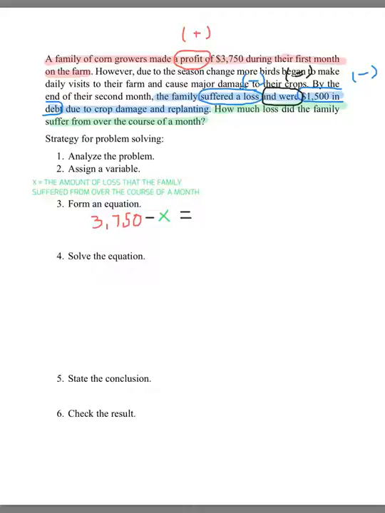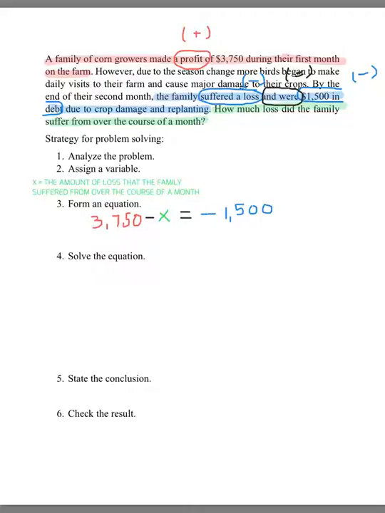And $1,500 in debt. Now, I have noted that it's an indicator of subtraction, but we could also write that as a negative value. So instead of simply 1,500, we're going to have to account for the fact that they're in debt, and the way we do that is by including a negative sign.